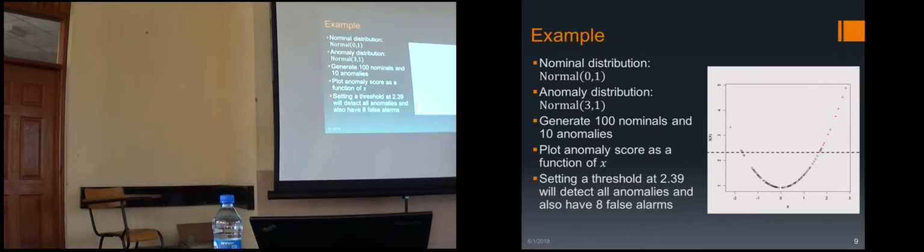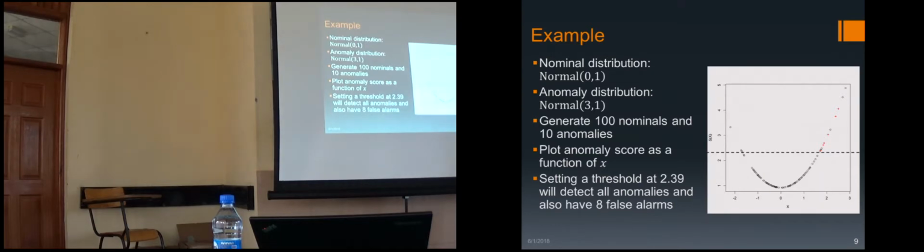These red points are from my anomaly distribution, and the black points are from my nominal distribution. And we see that the point that got the highest surprise score was actually a nominal point. I mean, probability distributions often have tails, and so there will be outliers even in the normal distribution.